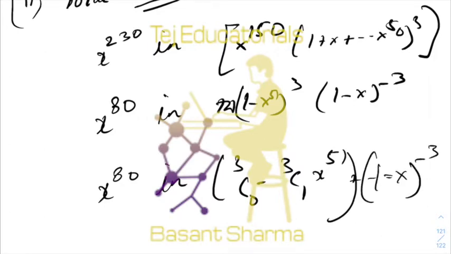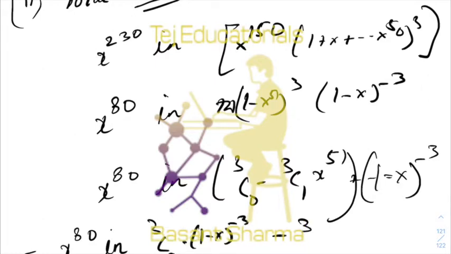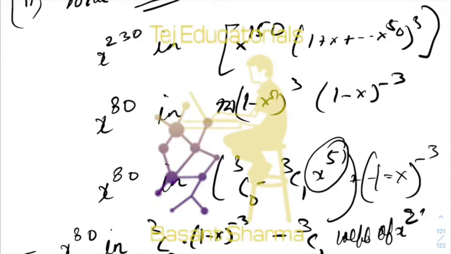So this is equal to the coefficient of x to the power 80 in 3C0 into (1 minus x) to the power minus 3, minus 3C1 into, now you see you have x to the power 51 here. So the remaining term is minus 3C1 into the coefficient of x to the power 29 in (1 minus x) to the power minus 3.